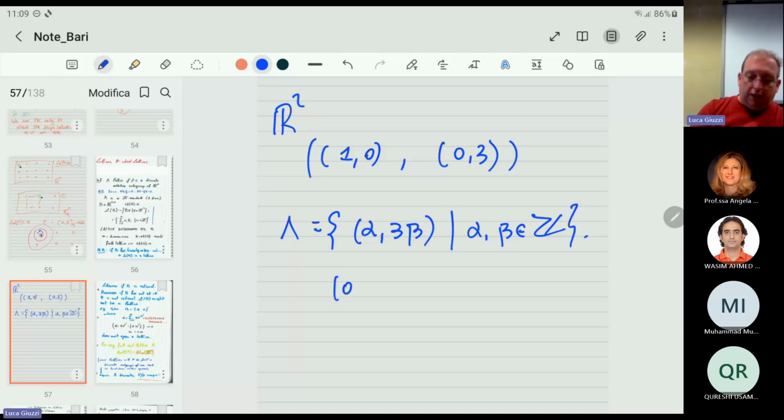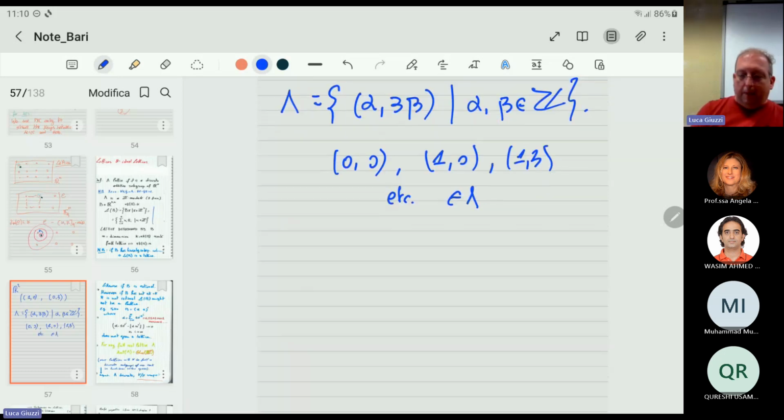So, for instance, (0, 0) is in the lattice, (1, 0), (1, 3), etc. are in the lattice, but, I don't know, (0, 1) is not in our lattice.